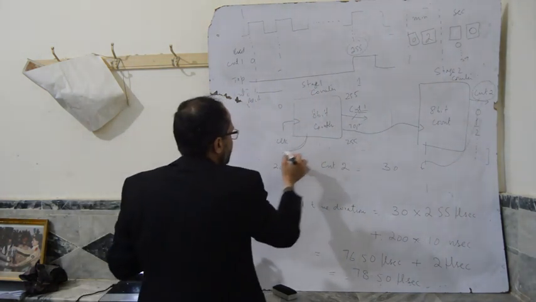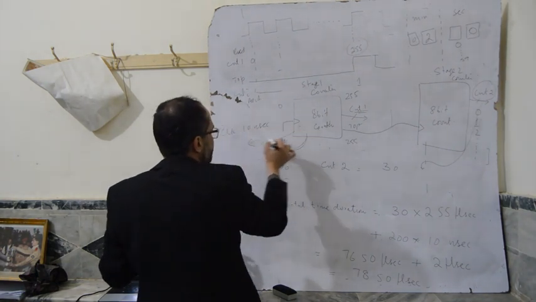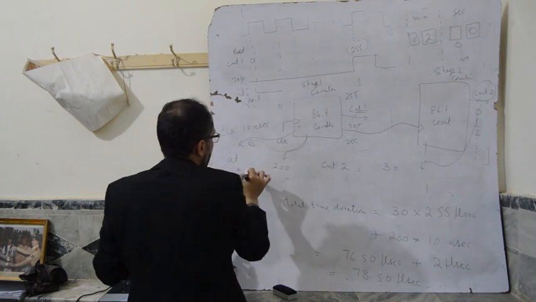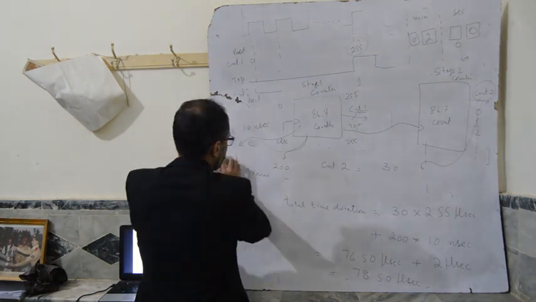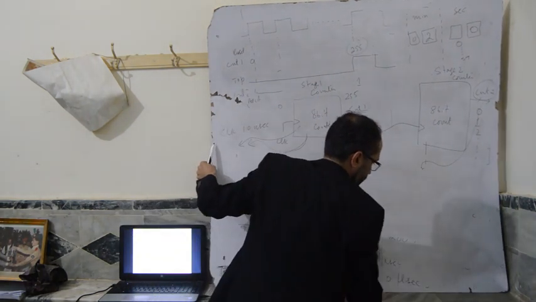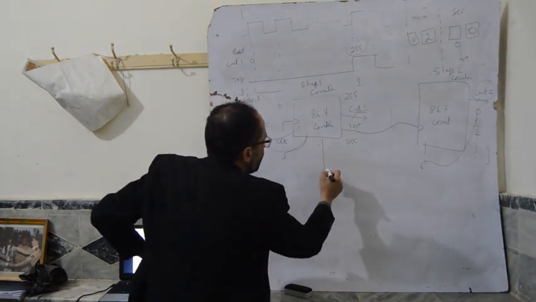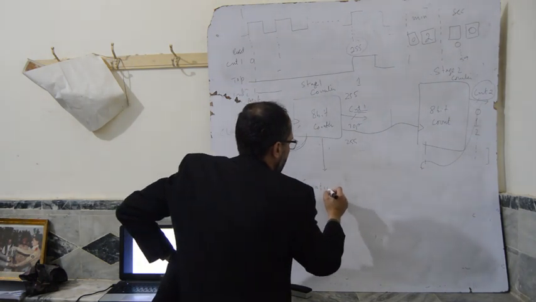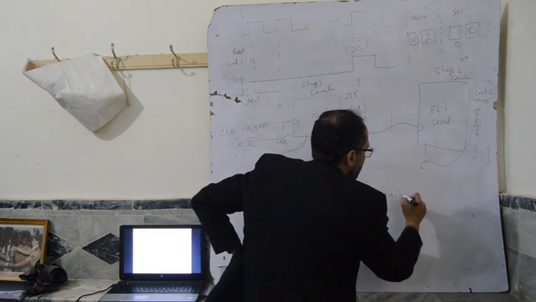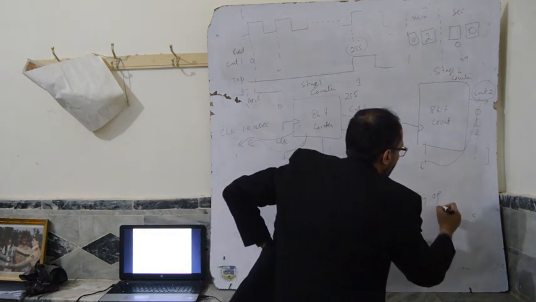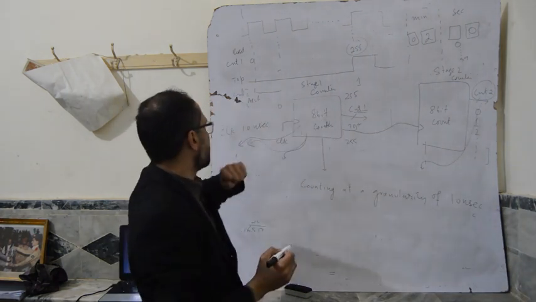So stage 1 is counting at the final granularity, that's the granularity of this clock. Let's assume the clock period is 10 nanosecond. So counter 1 is counting at a granularity of 10 nanosecond, because each clock period is 10 nanosecond.